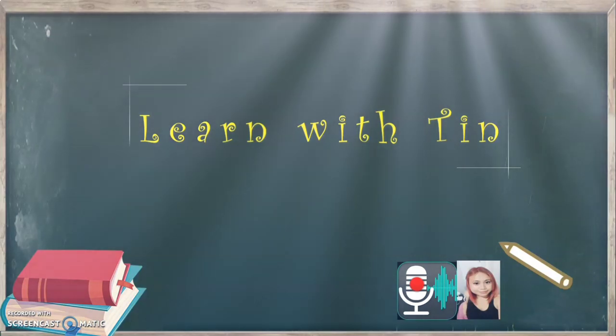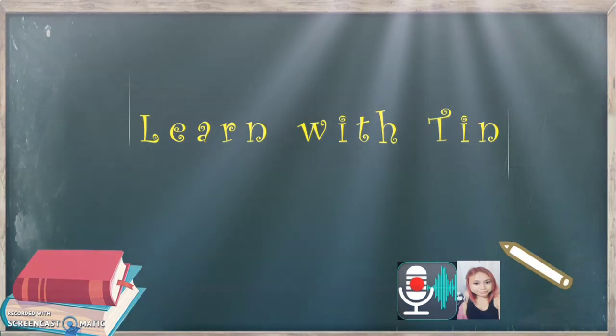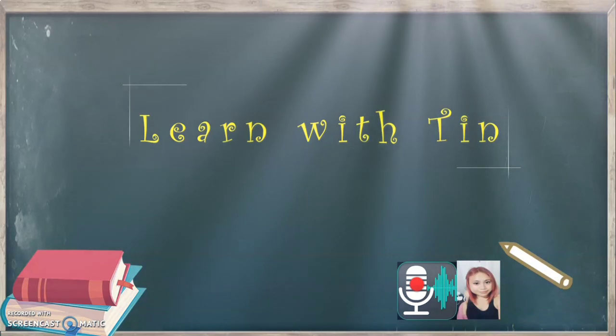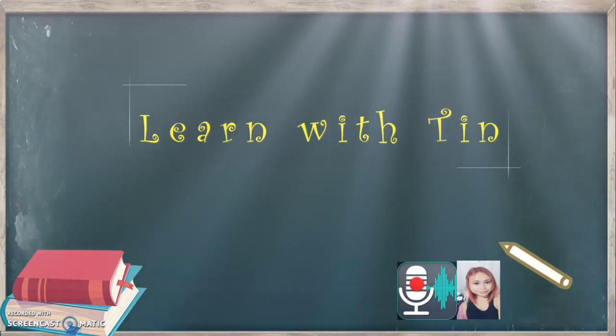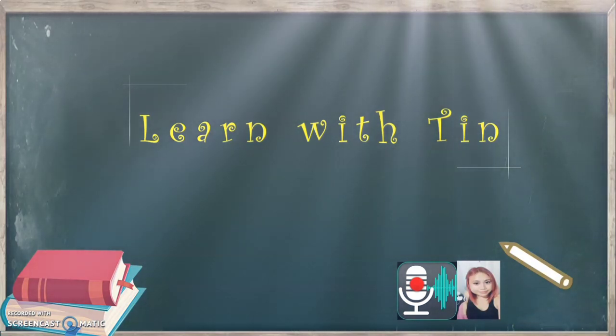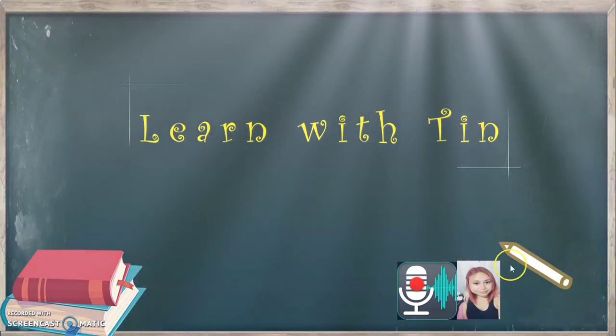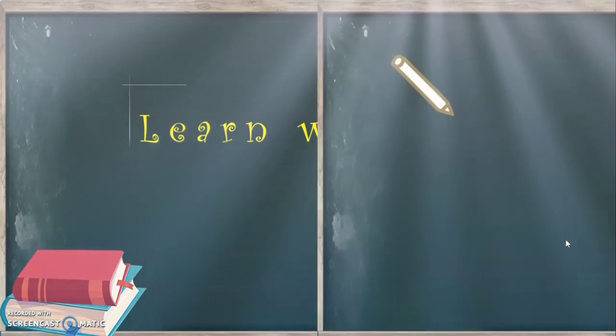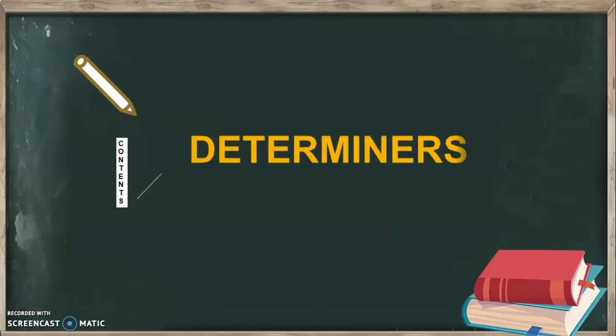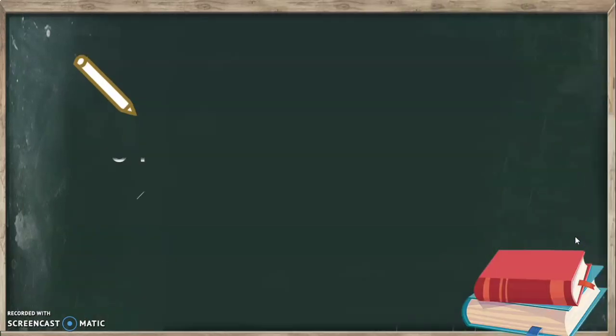Health is wealth, right? So anyway, today we are continuing with the Determiners series, and we are doing the third part of it. But before we start with that third one, let's talk about determiners again. Just a little review.